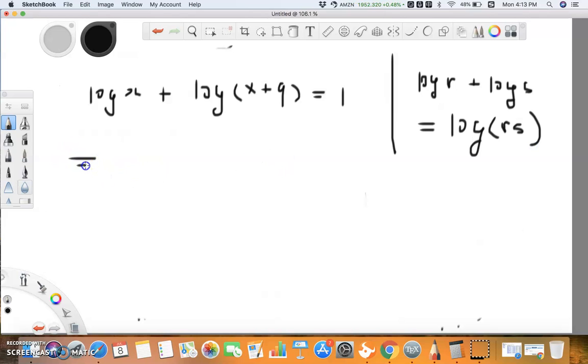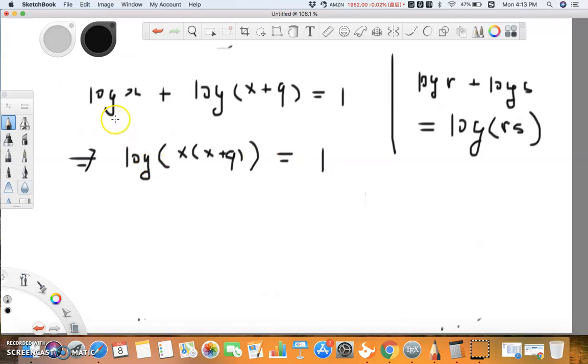So by using this property, the left-hand side we can combine as log of x multiplied by x plus 9, and this equals 1.